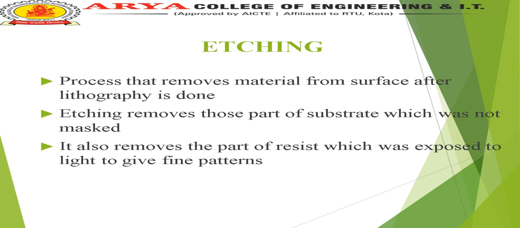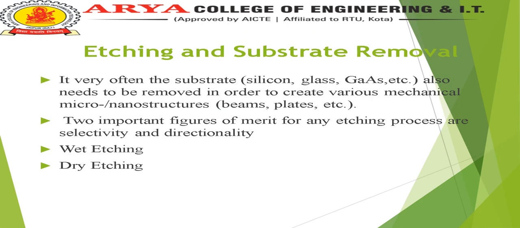So basically etching is the process in which material is removed from the surface, those parts which are not masked, and also where we require some patterns, so it will be removed from those parts. Next is etching and substrate removal.